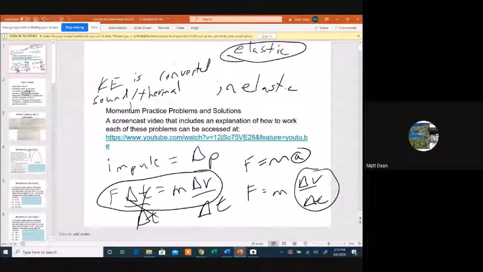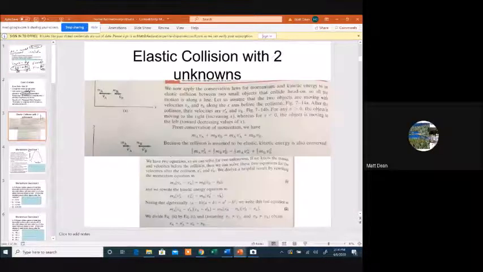All right, so let's talk about a problem that has two unknowns. So let's say you have an elastic collision. You have two objects that collide. You know the initial velocity of both of the objects. So let's look at this kind of equation right here. Here's mass A, and let's say we know the mass of A, and we know the velocity of A to begin with.